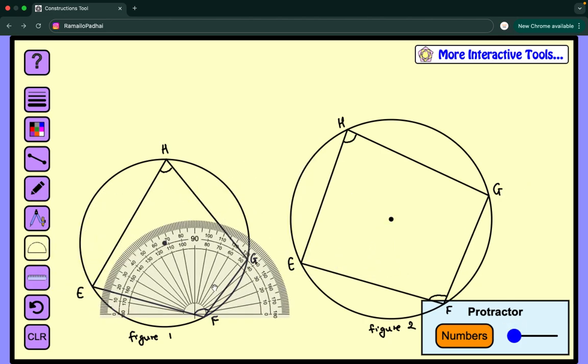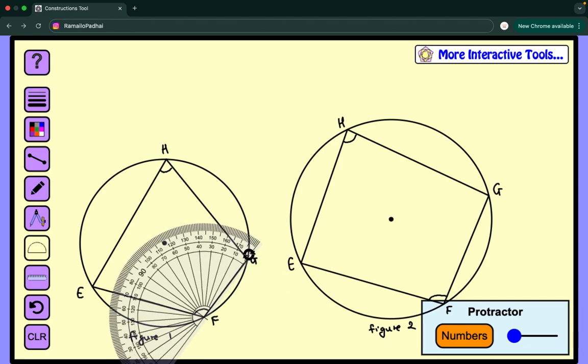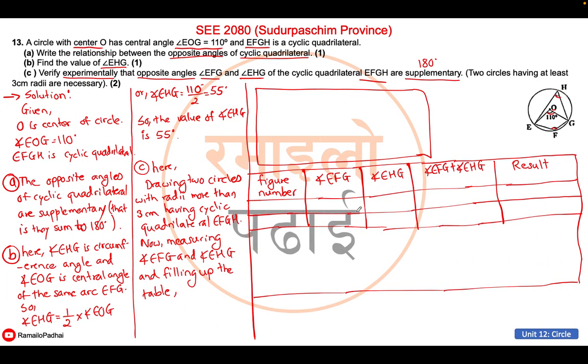So now measuring EFG and EHG. So this is EFG, which equals 111 degrees. So EFG of the first figure is 111 degrees.